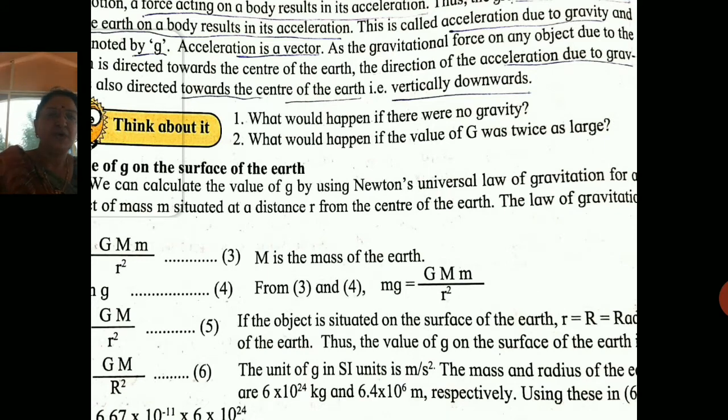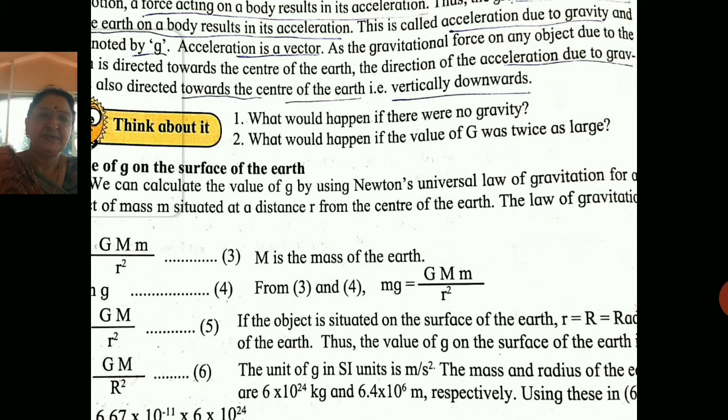Now the value of g, that is, the value of acceleration due to gravity or gravitational acceleration on the surface of earth, we can calculate by using Newton's universal law of gravitation.